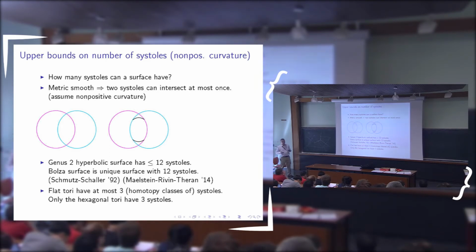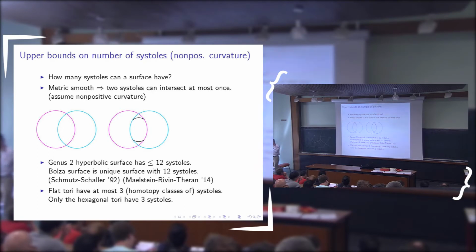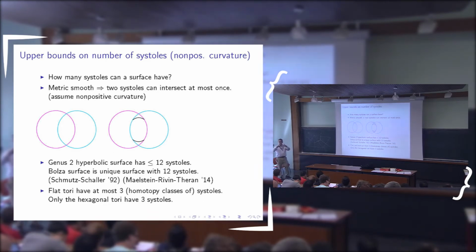So how many systoles can there be? In this case, well, first observation, if a metric is smooth, then two systoles can intersect at most once. Because if you start with two and they intersect here and here, then you can cut along this point and this point to get 4 arcs, and you can look for, among those 4, the shortest of those 4.